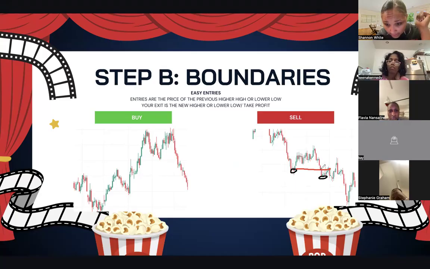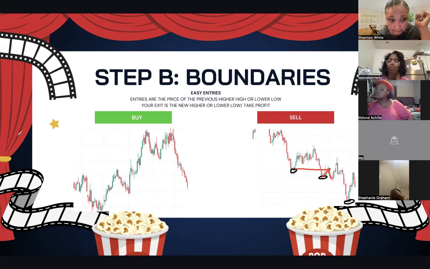You see how it came back? Came back and then it went down. Right? So we can see it doing it consistently. New lower low. It's going to come back. And then it's going to drop back down.